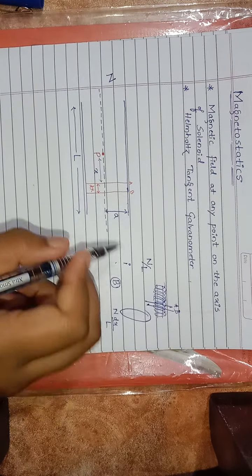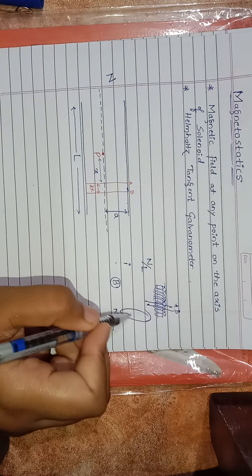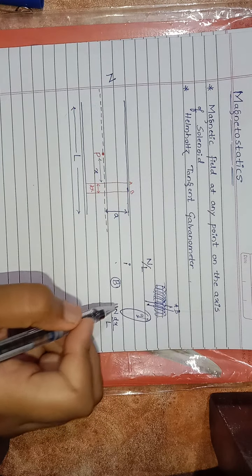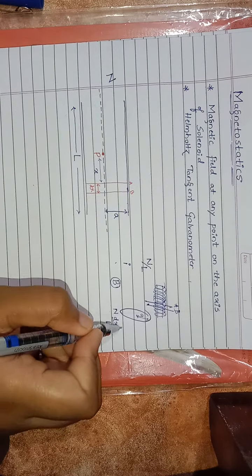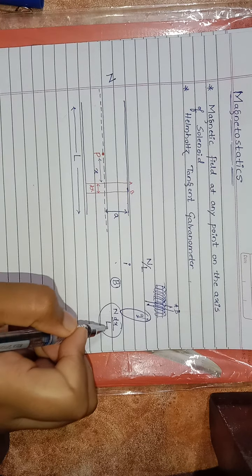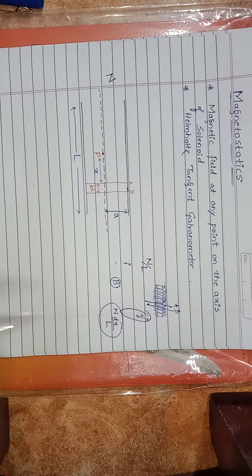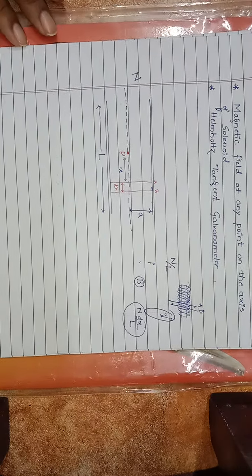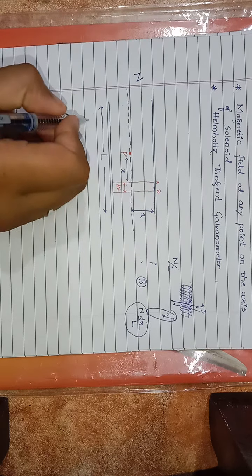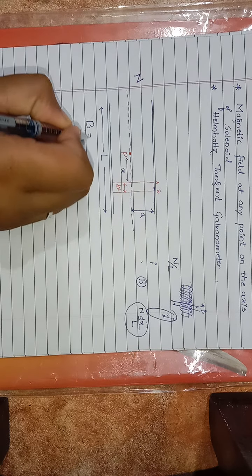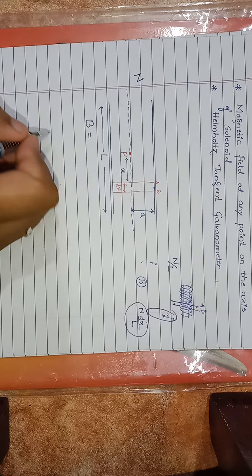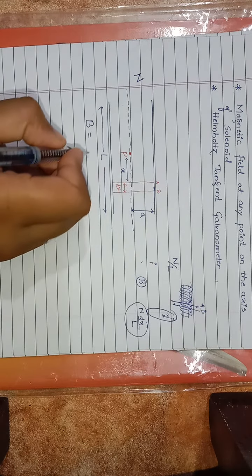So this AB is one circular coil of radius a, containing N dx divided by L turns. Now write the value for magnetic field. The magnetic field at P due to the element dx will be what?